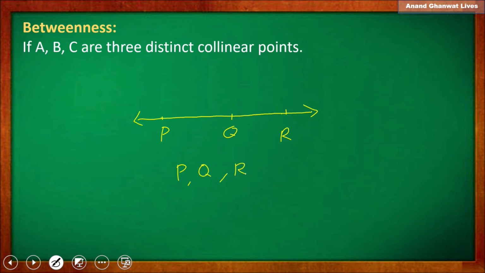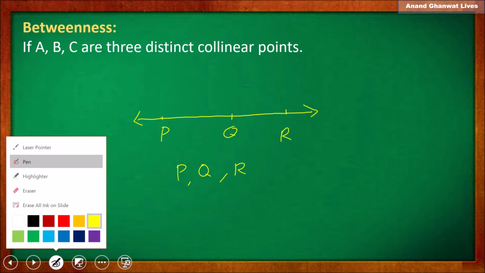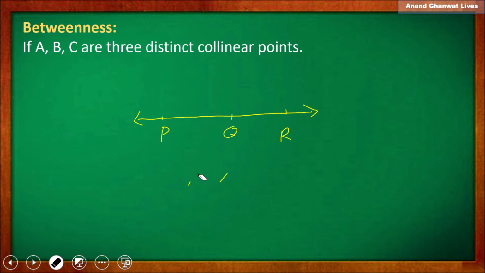If three or more points lie on a line, then we can say that these points are collinear. So we have given here that A, B, C are collinear distinct points.